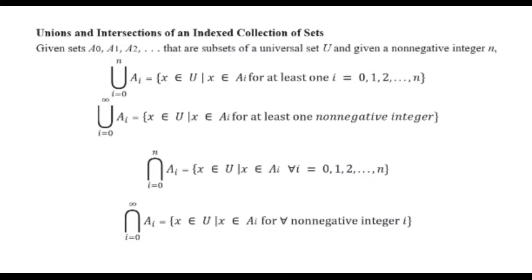And also we have the intersection of A sub I for I from 0 to infinity, which is the set of all elements in U such that element x belongs to A sub I for all non-negative integers I, correct? So x should belong to every A sub I, for I from 0 to infinity.